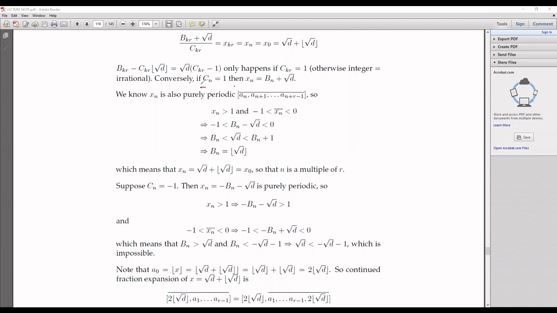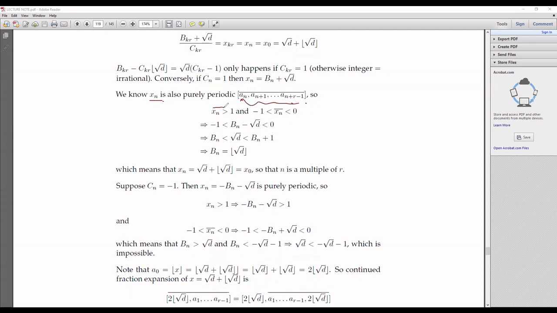Cn equals 1 and Xn is purely periodic, because the cycle starts from n, right? If you start the cycle from n, the entire continued fraction is purely periodic, because we just proved as a corollary that this produces a purely periodic continued fraction. So yes, we know for sure that this Xn is purely periodic.